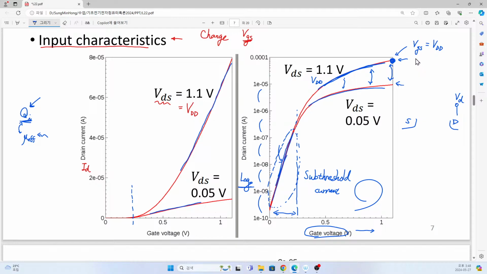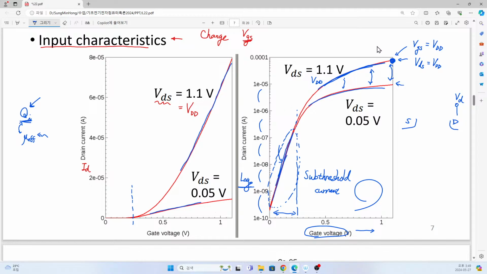At the same time, also drain voltage equal to VDD. So both of our input terminal and output terminal are biased with the maximum available voltage. So this is corresponding to the maximum current this device transistor can conduct.